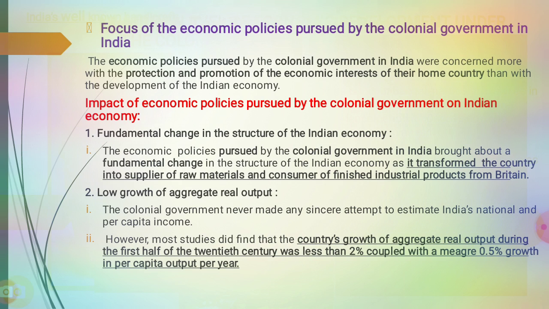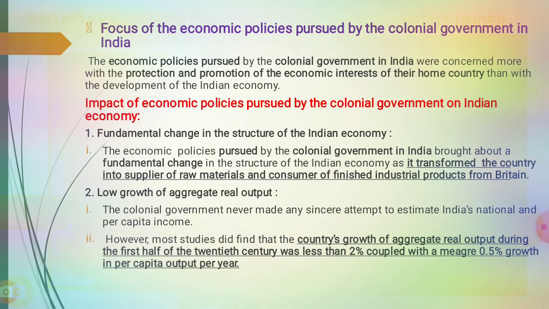Now, what impact did the economic policies pursued by the colonial government have on the economic development of our economy? The very first impact was a fundamental change in the structure of the Indian economy, because the policies transformed India into a supplier of raw material and a consumer of finished products.